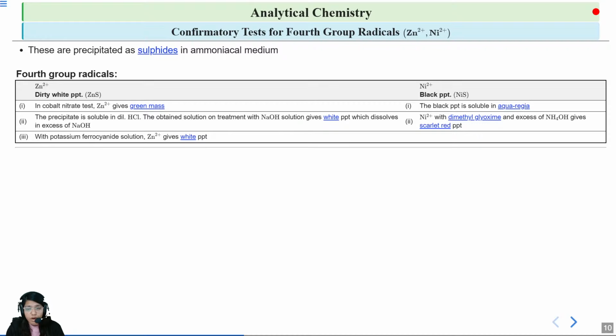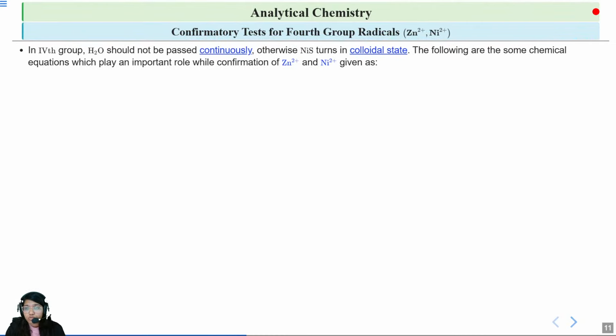It contains 3 parts of HCl and 1 part of HNO3. And this Ni2+ reacts with DMG and excess of NH4OH to give a scarlet red precipitate. This reaction is very important for the confirmatory test of Ni2+. So this is how we can distinguish between Zn2+ and Ni2+.